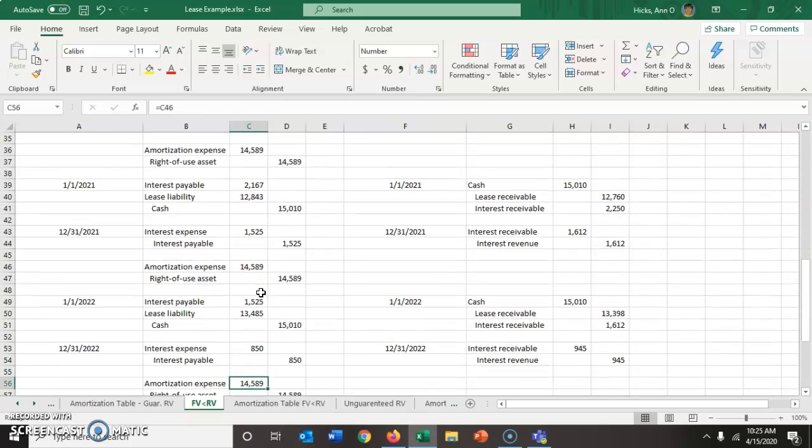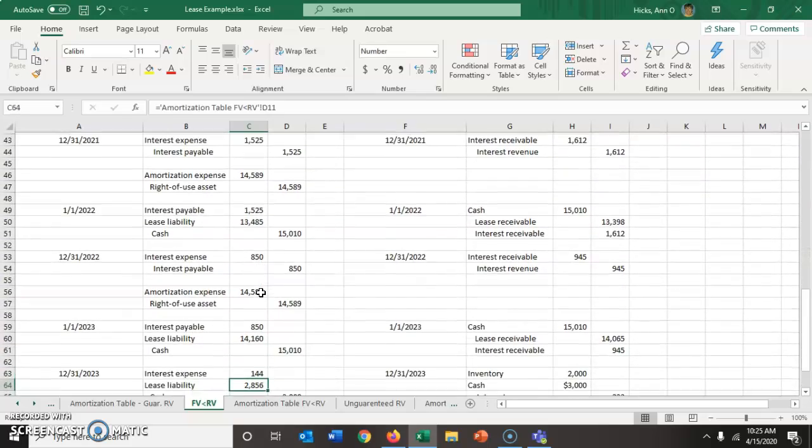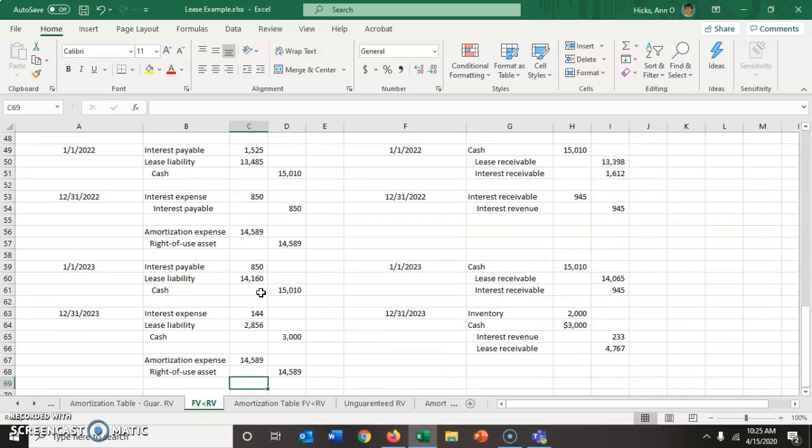Now, what will change is when we get to the end of the life of the lease at 12/31/2023, we'll record the last amortization like we have done in the previous problems, but now, because the asset did not retain the value that we guaranteed, we will have to send $3,000 to the lessor.